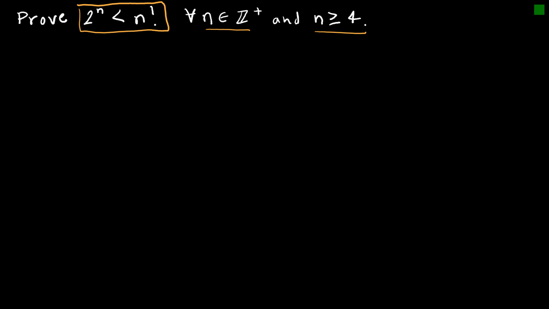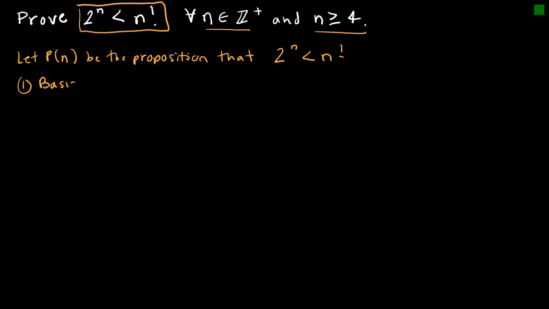So I'm going to start by saying let P(n) be the proposition that 2 to the n is less than n factorial.